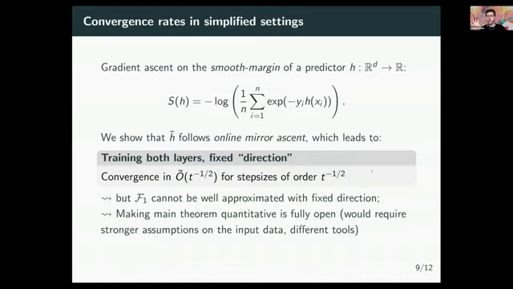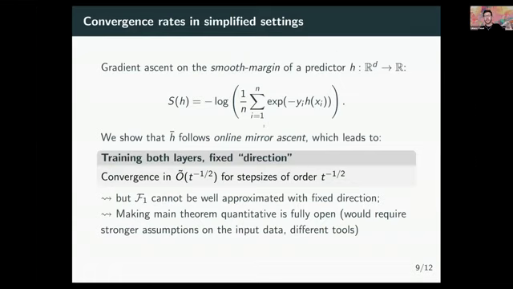This is a result that might only be understandable by specialists that have looked at this problem. But I'd like to mention that our proof technique consists in looking, instead of the empirical risk, at the gradient ascent on minus log of the empirical risk. And then we obtain some kind of a smooth margin of the objective.